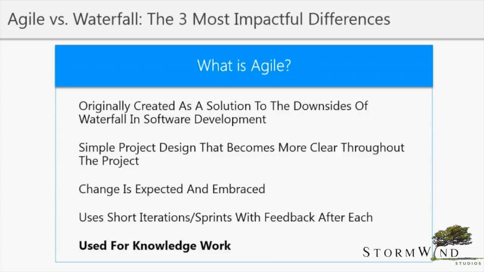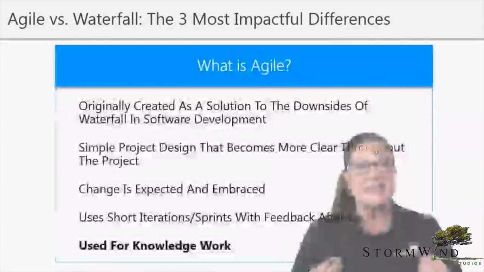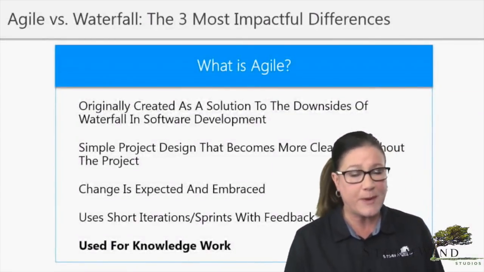Hey, we want to build the right thing and we want to build it right. The only way to really do that is to not pre-plan too far out into the future. So we use short iterations or sprints, which are 30 days or less. And at the end of that sprint, we are producing a workable increment that can be reviewed by the customer.